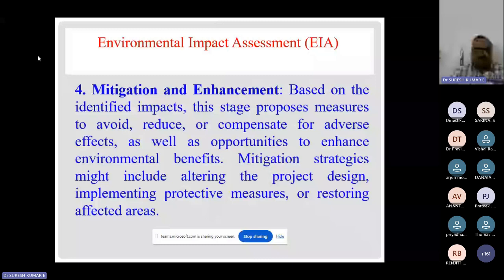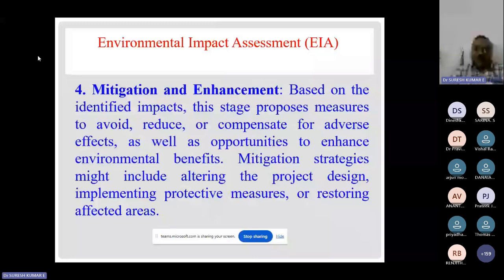Similarly, some impacts we can reduce, some we can avoid, some we can compensate for adverse effects, as well as opportunity to enhance environmental benefits. We can enhance the environmental benefits, like greenhouse gas effects. So by enhancing the environmental benefits, even if there is adverse effect, we can take a bail.